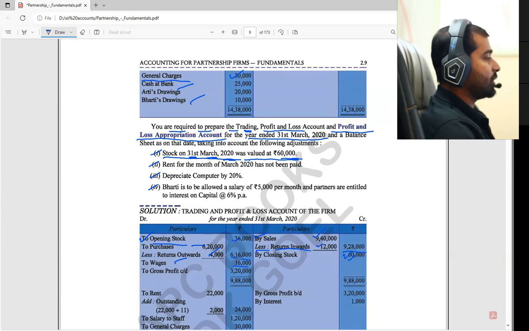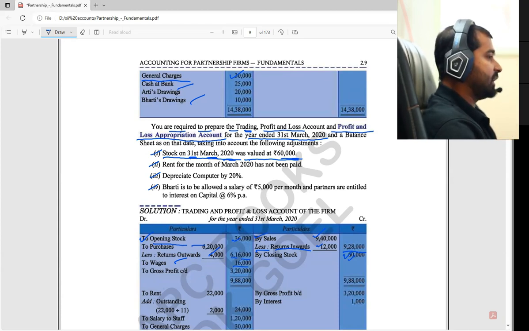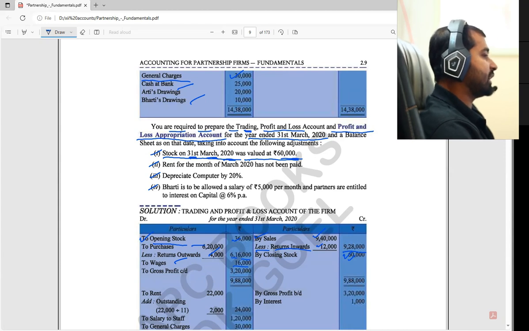These are all part of the trading account debit side. We already learned that in class 11. Again, the trading account question will not come directly; sometimes it can come in the form of the profit and loss appropriation account.